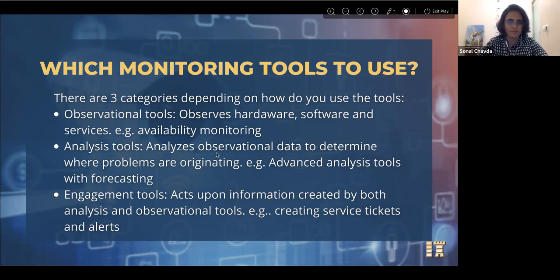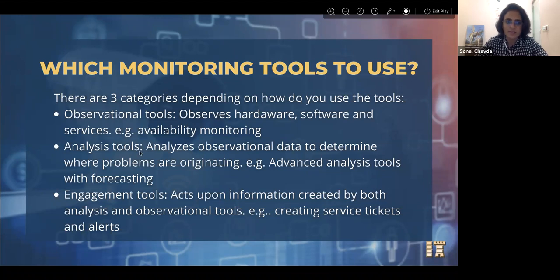There are three categories mainly: observation tools, which we talked about mainly during the session, that is availability monitoring. These tools observe hardware, software, and services.